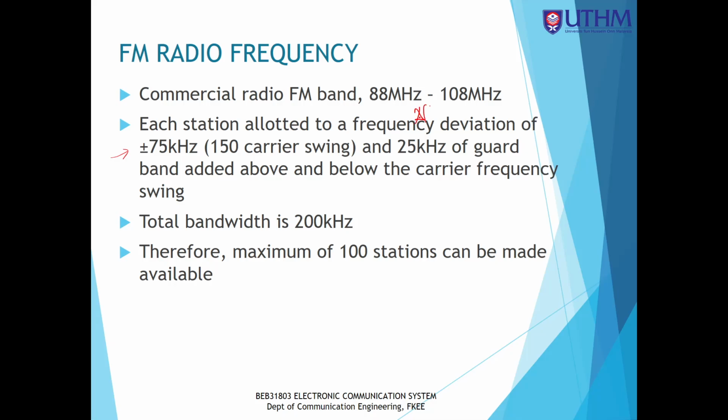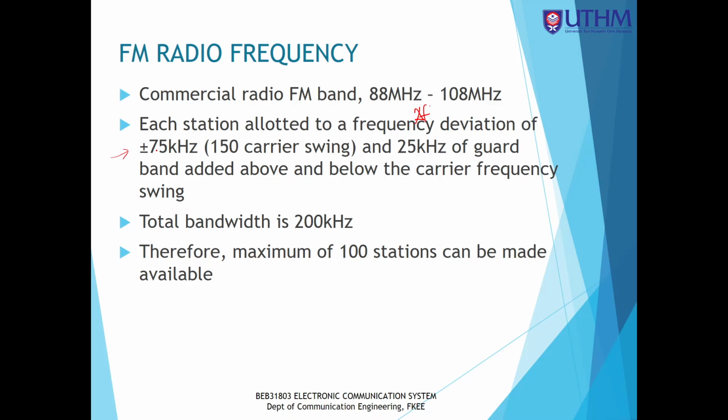This is delta F. So that means each radio station has a frequency deviation of plus minus 75k. Above 75, below 75, so the total is 150 kilohertz.